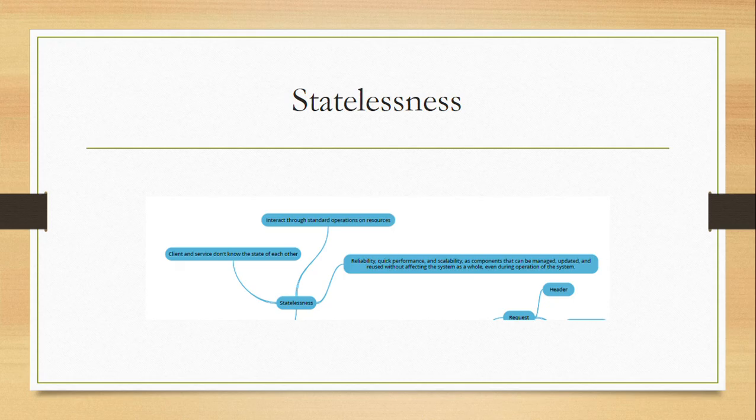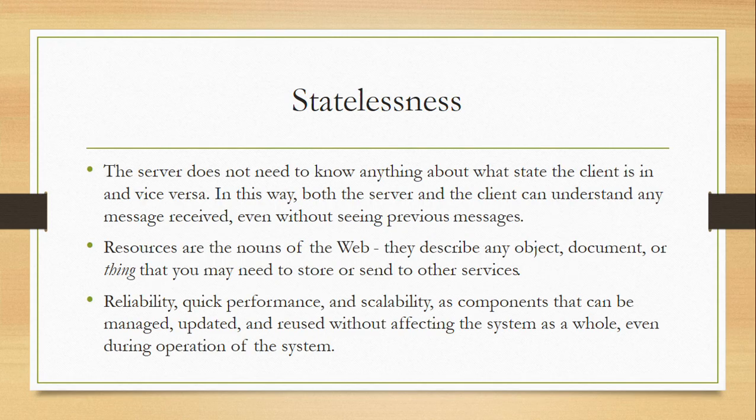The statelessness property means that the server does not need to know anything about what state the client is in and vice versa. In this way, both the server and client can understand any message received, even without seeing previous messages. And resources are the nodes of the web.